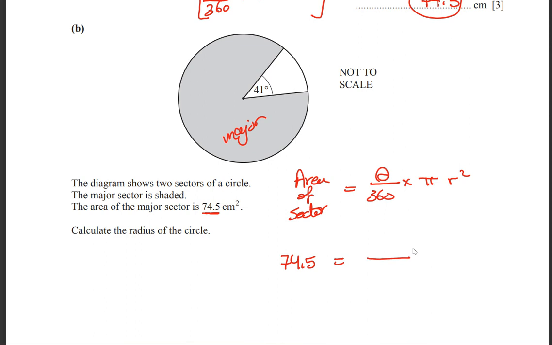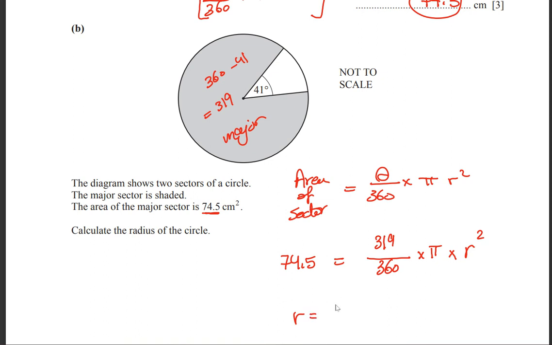So what is theta? This is 41. So if I want to get the reflex angle, this will be 360 minus 41 equals 319. So this will be 319 over 360 multiplied by pi multiplied by r squared. From here I can isolate r squared and get the radius.